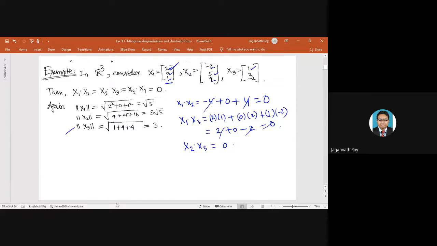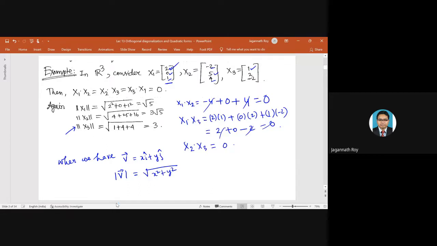If you talk about the two variable case, when V is a vector xi plus yj, then the modulus, the length or the magnitude of the vector is root over x square plus y square.